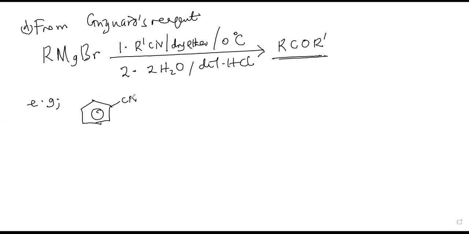a cyanide. So to be factual, we shall have the first reagent as CH3CH2MgBr. This is the Grignard's reagent. And we shall treat it with the dry ether at 0 degrees Celsius.